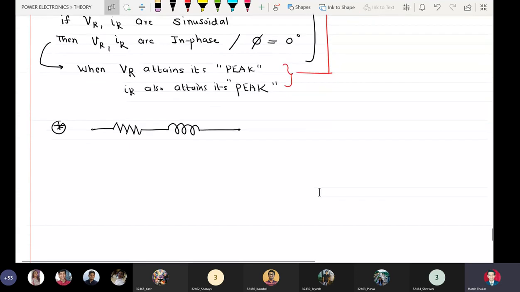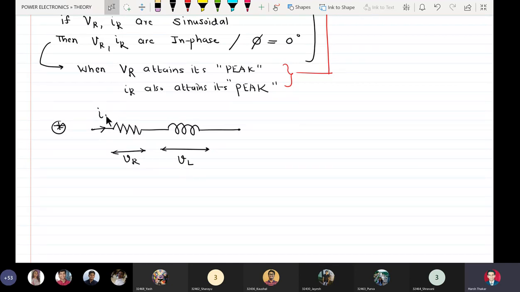So now we have voltage across resistor VR, voltage across inductor VL, and some current flowing through it, IL.